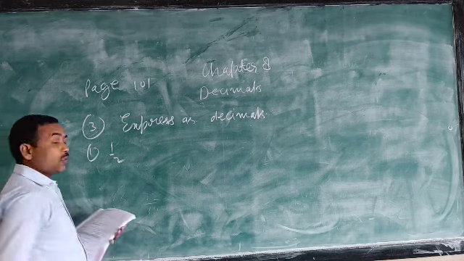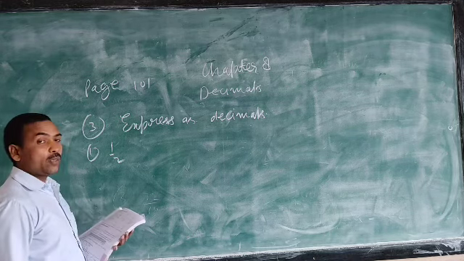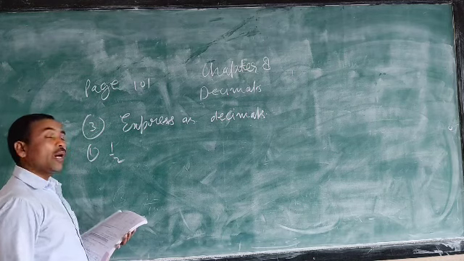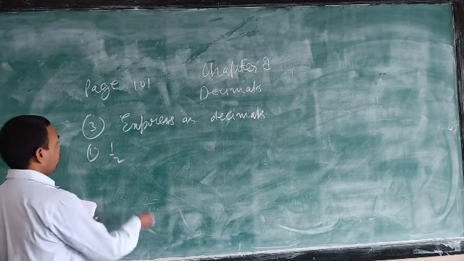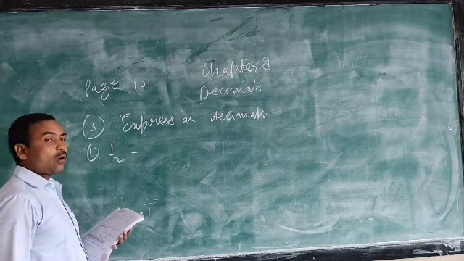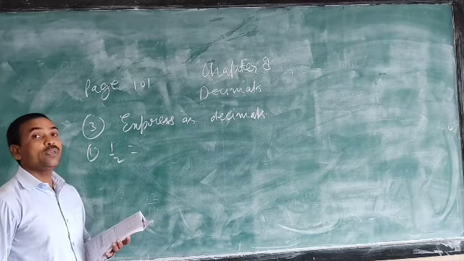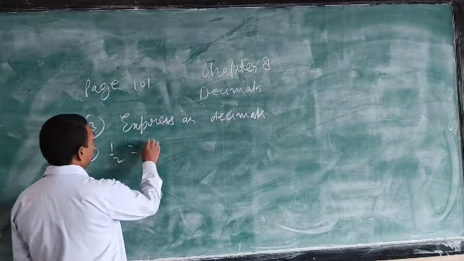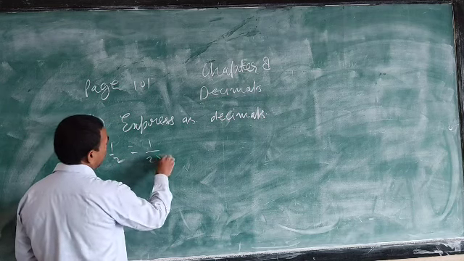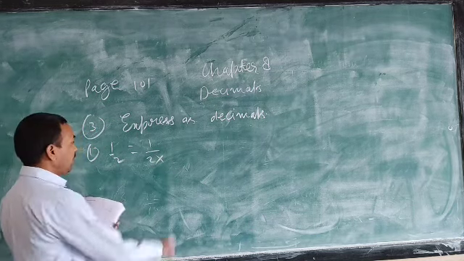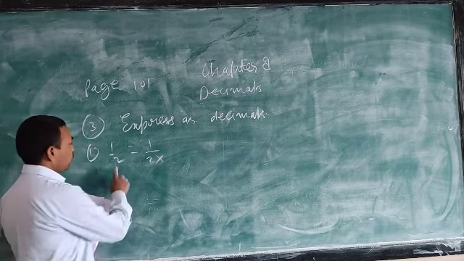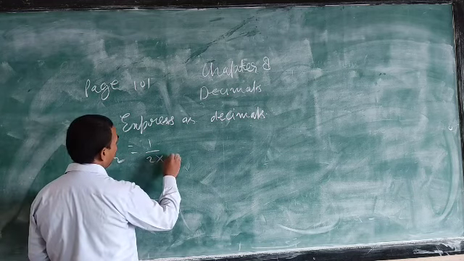So see, by using the property of equivalent fractions by multiplication, you can write an equivalent fraction of 1 by 2 whose denominator should be 10. So which multiple of 2 becomes 10?